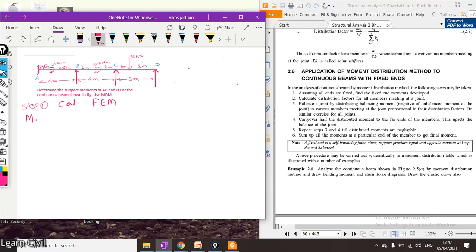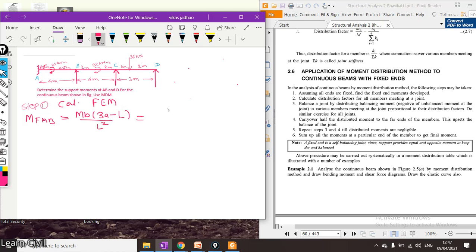This MFAB is given by M B into thrice A minus L divided by L square.